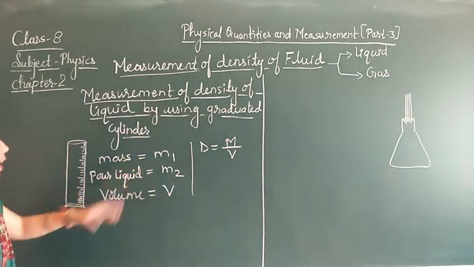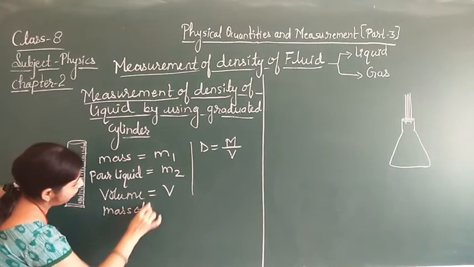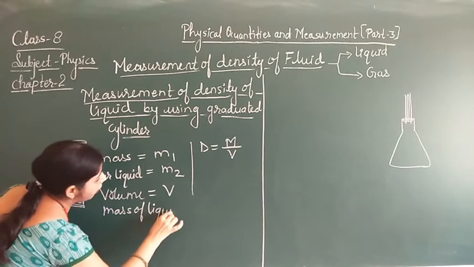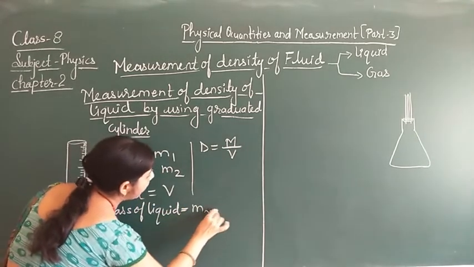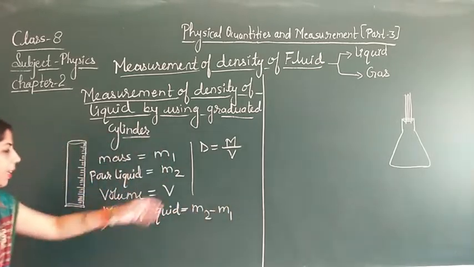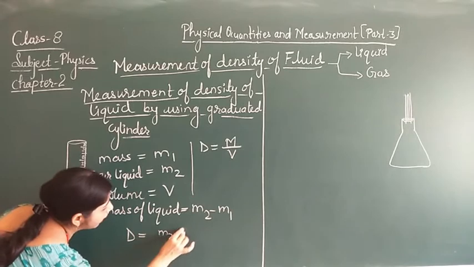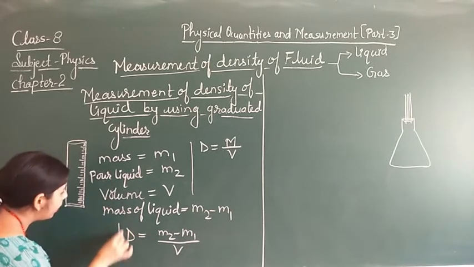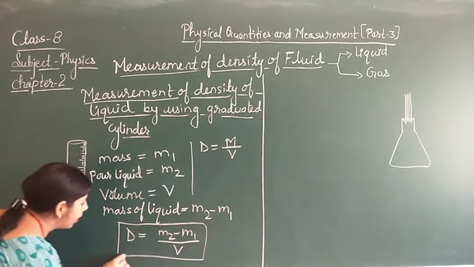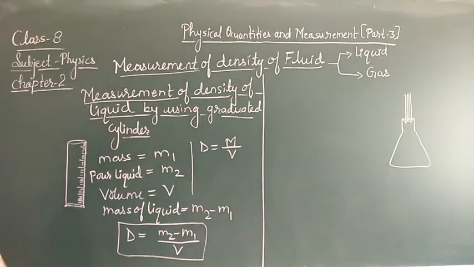We have the mass of the liquid equal to M2 minus M1, so the density of the liquid will be M2 minus M1 divided by V. In this way we measure the density of liquid by using the measuring or graduated cylinder.